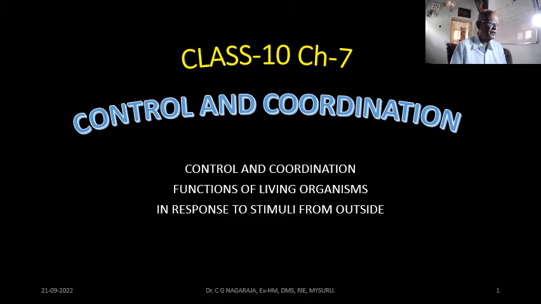Animals will have to run for food, they have to protect themselves. All these are functions controlled by various organs and various systems. We shall study these things in detail in this chapter.